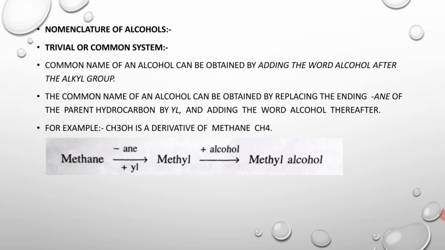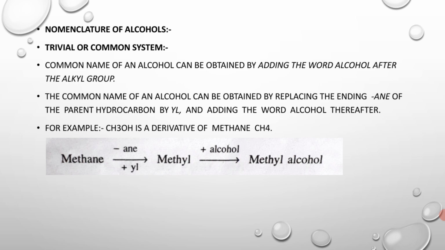Another we have nomenclature of alcohols. There are mainly common name and IUPAC name, which is the nomenclature, not the classification, of alcohols or any organic compounds, where one is trivial or common system.